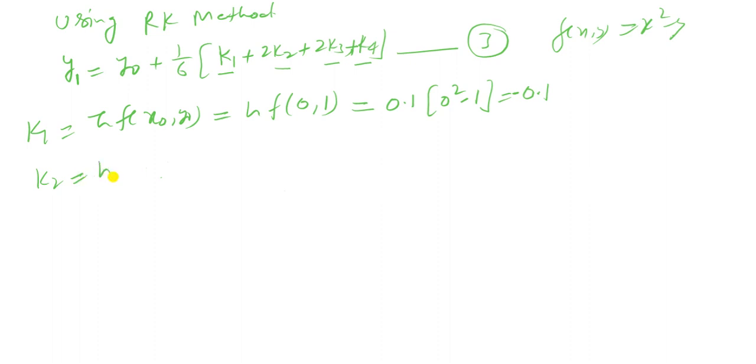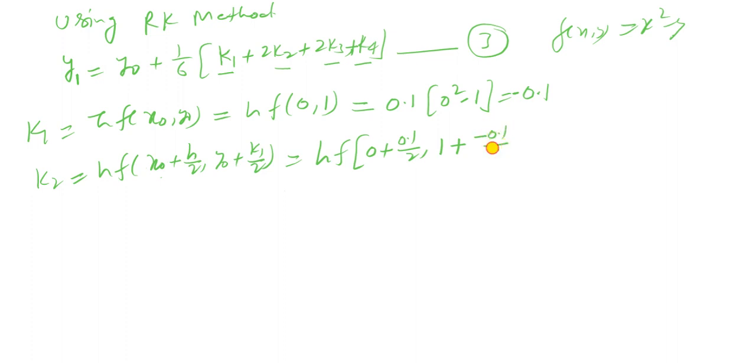Now k2 is equal to h f of x0 plus h upon 2, y0 plus k1 upon 2. So h f, x0 is 0 plus 0.1 upon 2, y0 is 1 plus k1 is minus 0.1 upon 2. This is equal to h f of 0.05 comma 1 minus 0.1 upon 2.